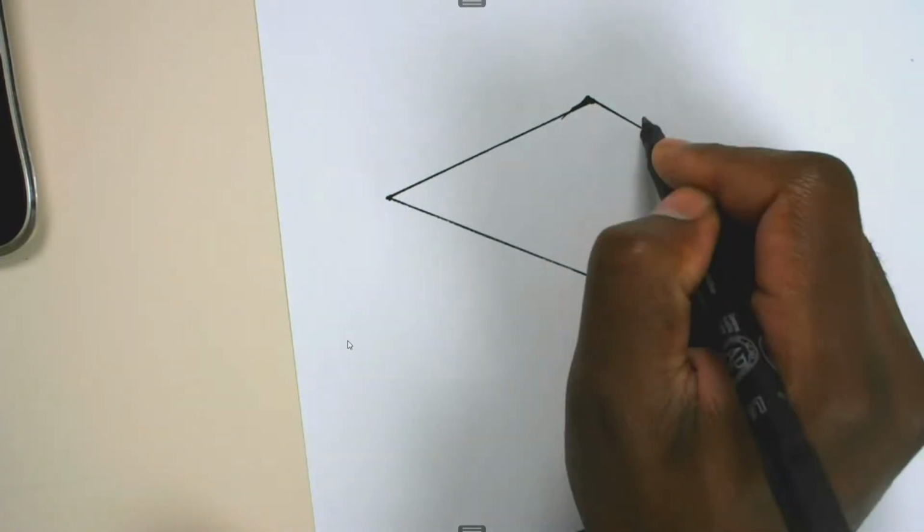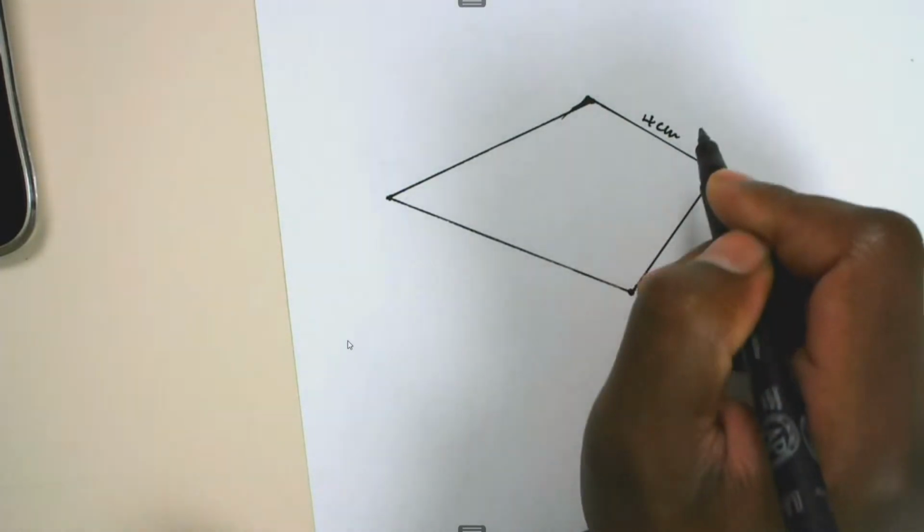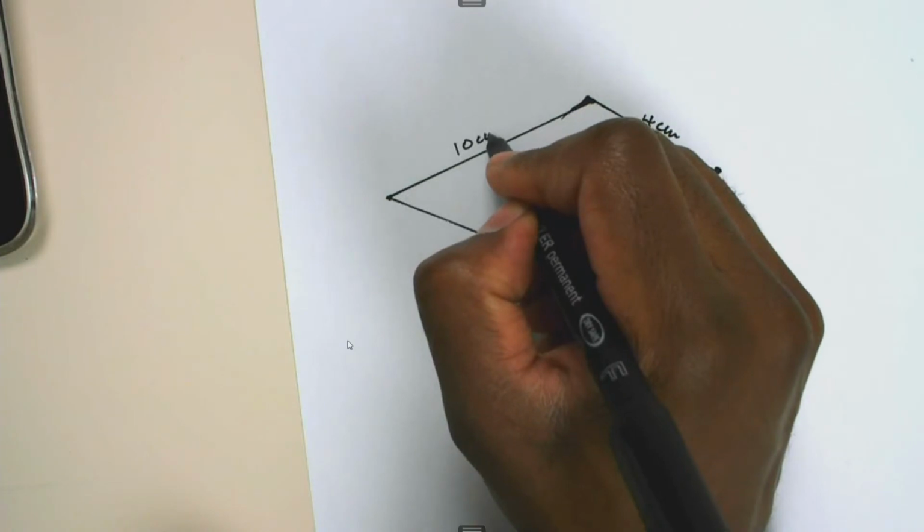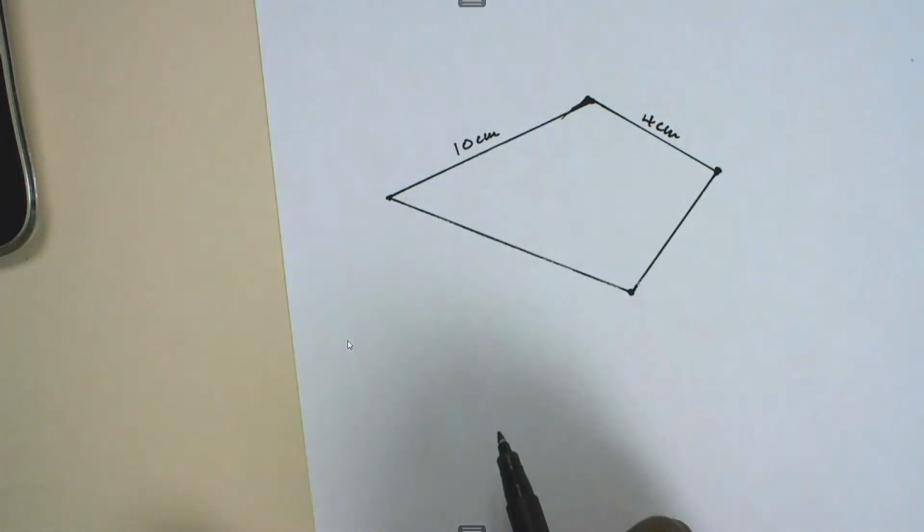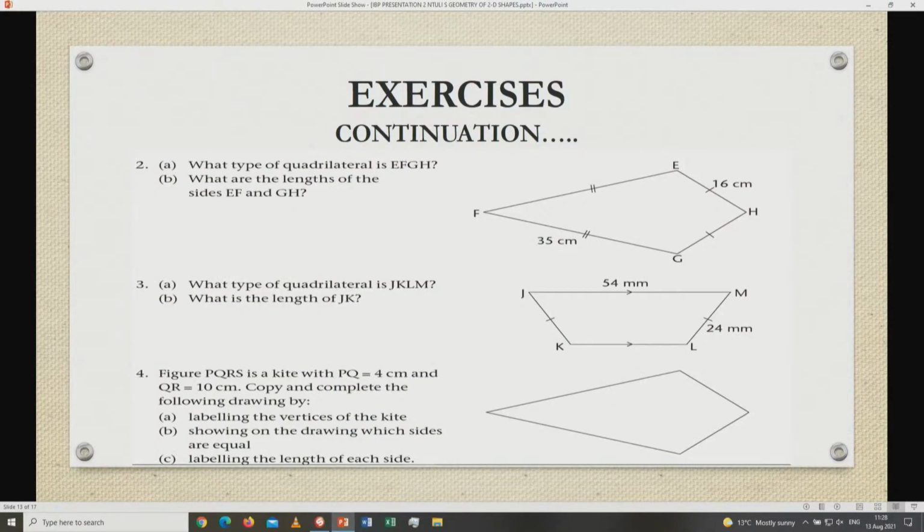The short side will be 4 centimeters, and the long side will be 10 centimeters. Now, they say PQ must be equal to 4 centimeters, and QR will be equal to 10 centimeters.